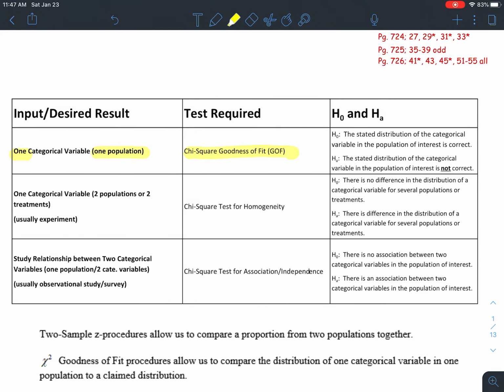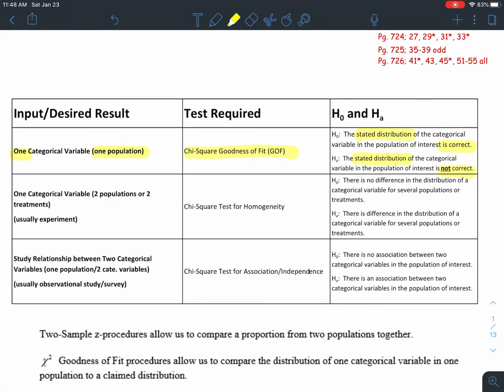For example, it might have been a stated color distribution that the Mars M&M company made about the percentages of each of the colors of their M&Ms, and the null hypothesis would be that their stated distribution for the one categorical variable of color across their one population, plain M&M, say, is correct, versus the alternative would just simply be the stated distribution is then not correct.